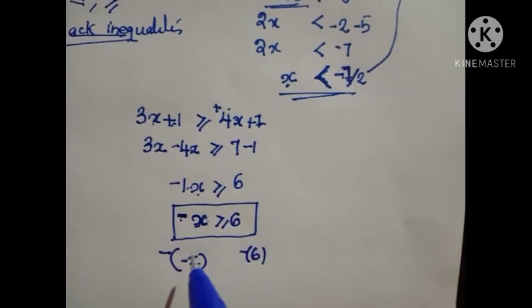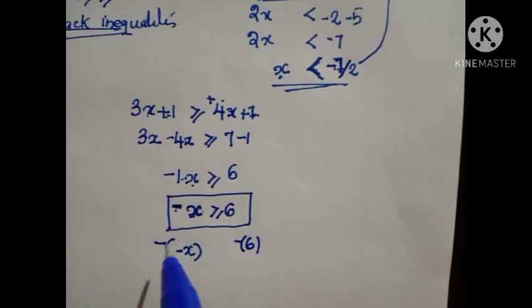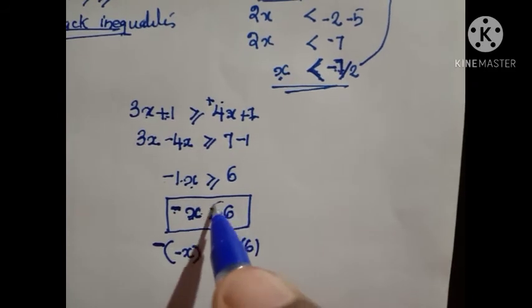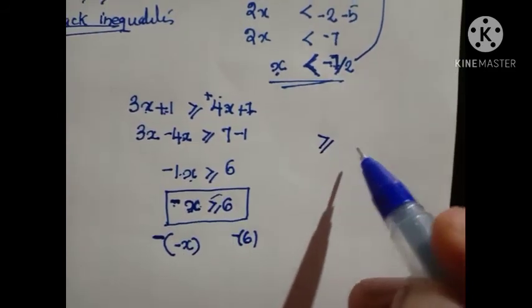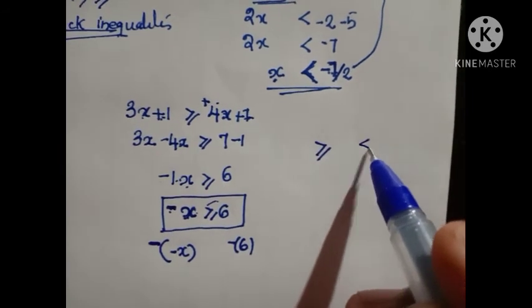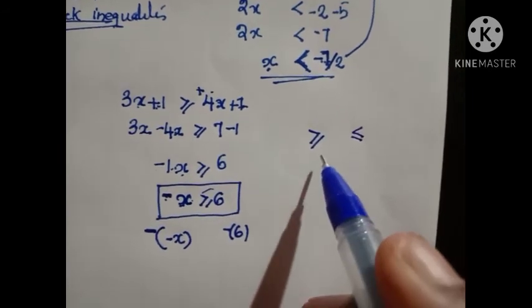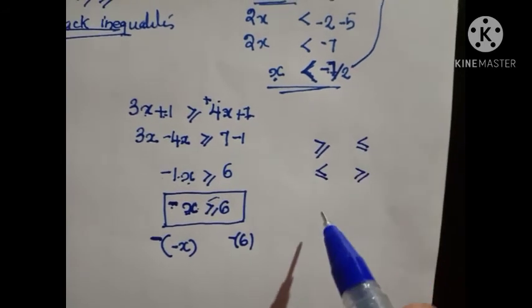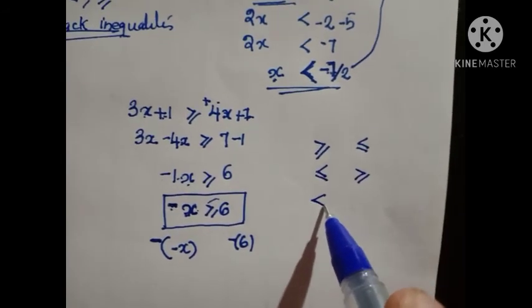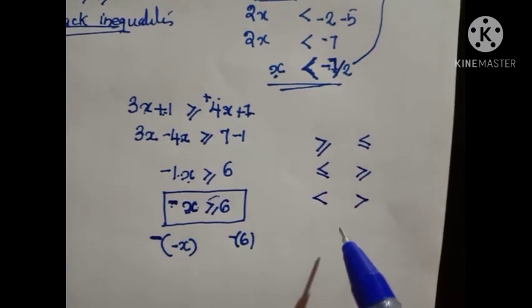Multiplying by negative on both sides. In this case, if we multiply with a negative symbol, this inequality will change. If it is greater than or equal to, then it becomes less than or equal to. If it is less than or equal to, it becomes greater than or equal to. If it is less than, then it is greater than.